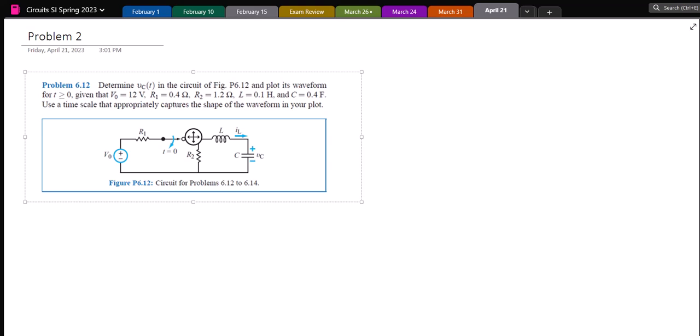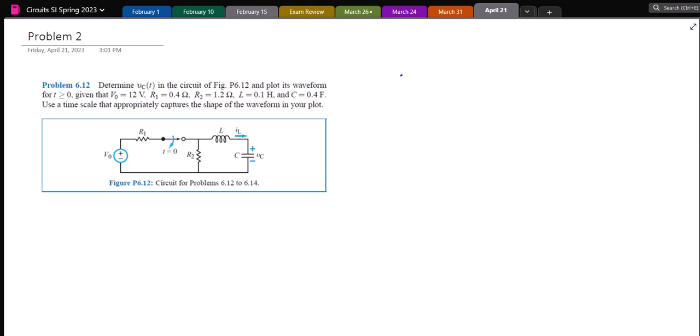We'll take a look at the kind of circuit we have. We can see that it's going to be a series RLC. And let's find alpha and omega to figure out whether or not we have critically damped, overdamped, or underdamped.